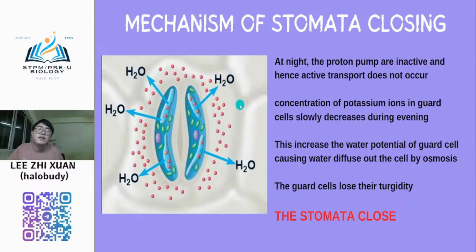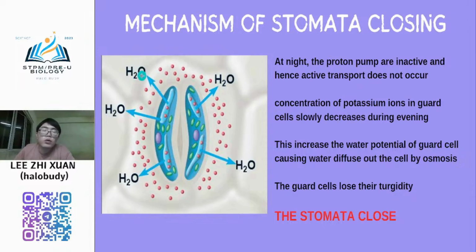So once the mineral salts leave, the solute potential is decreased and the water potential is increased. Once the water potential is higher than the water potential around the guard cell and the epidermal cell, the water will start to diffuse out.